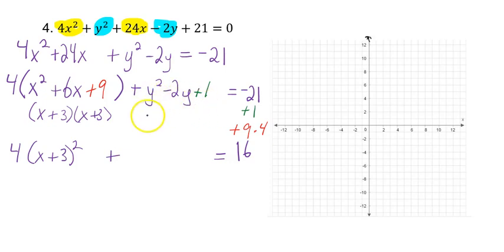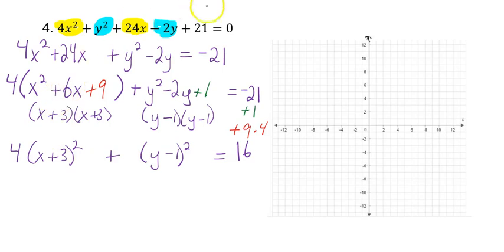The y will also work the same way. It's going to factor to y minus 1, because 1 times 1 will be 1, and the negative 1y and negative 1y will be negative 2y. But again, I'm going to write it as y minus 1 squared down here. Now, I generally don't write out this factoring because I can see where it's going every time.